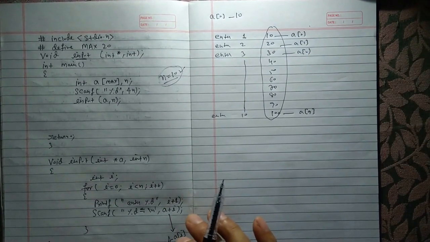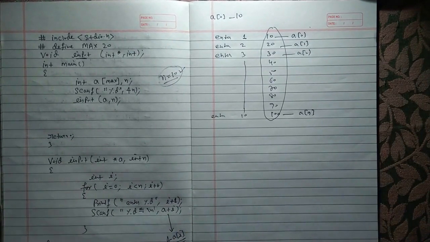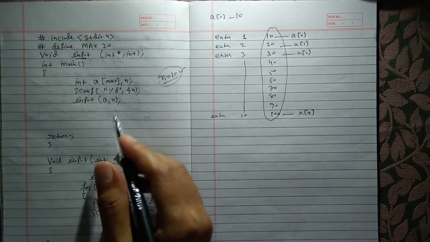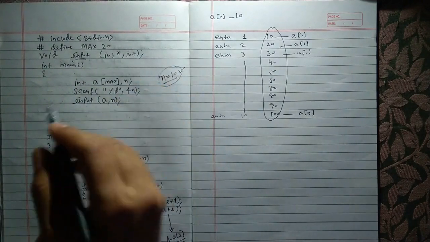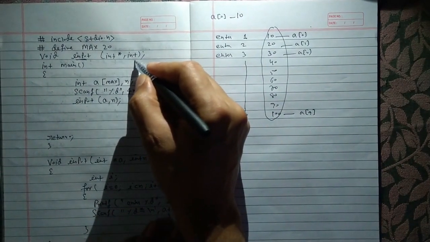Now you have to output also, using a function. Okay, so how to output? Suppose in this coding I am using another function here.